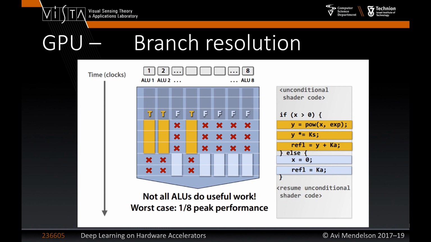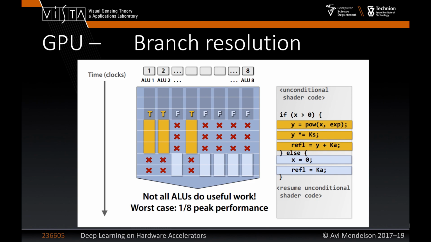The last point that I want to make about the GPUs is the way that they resolve branches. In a branch they don't stall the system. Sorry, they don't do the context switch, because as mentioned before, when you have a branch misprediction, you don't have hardware to continue to figure out what the branch is.